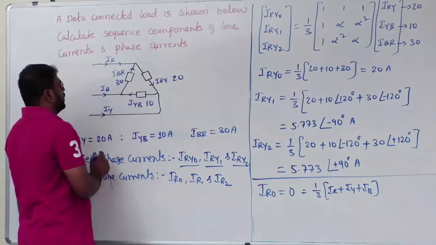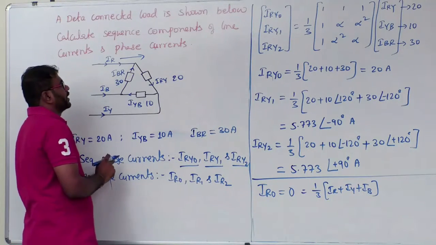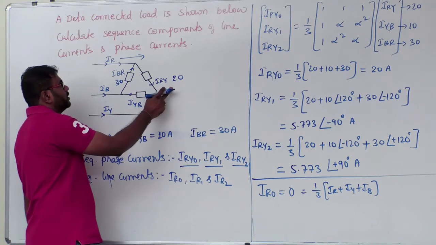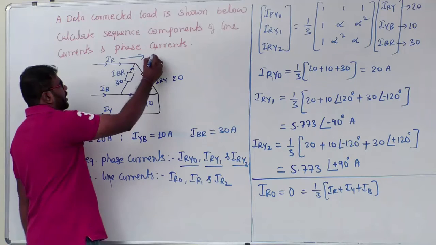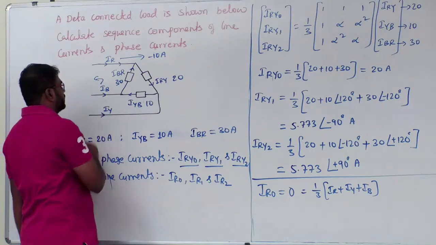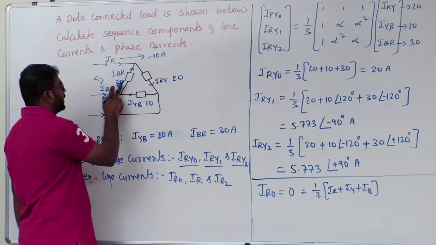Now let's apply KCL here. Incoming current is equal to outgoing current. Incoming is IR plus 30, outgoing is 20. So IR equals 20 minus 30, which is minus 10. Now what is IB? Incoming currents are 10 and IB, outgoing current is 30.